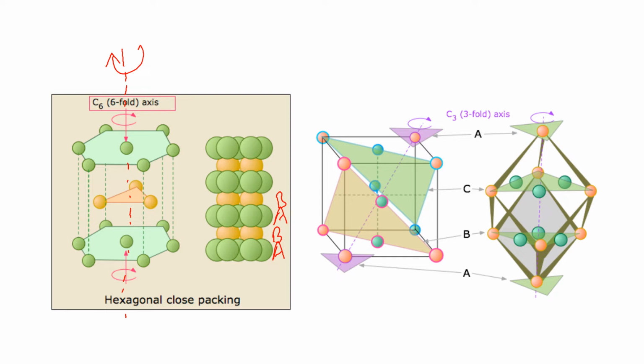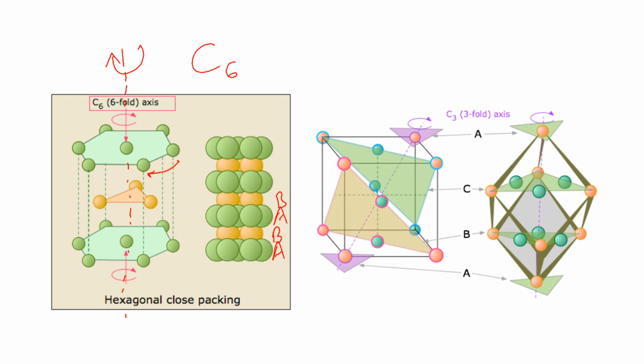Even if you rotate one, this particle will come here, but that gives exactly the same arrangement. One more time you rotate, the same arrangement. So 6 rotations you can do about this axis that lead to the same arrangement. So a hexagonal close pack structure has a 6-fold axis of symmetry, that is represented as C6.